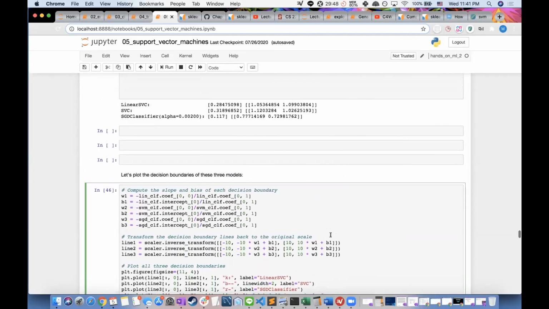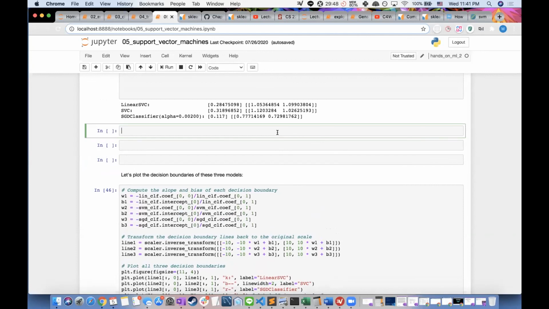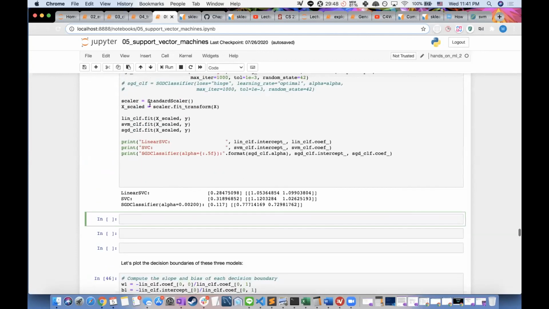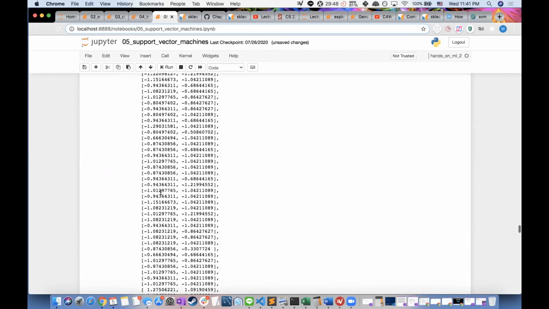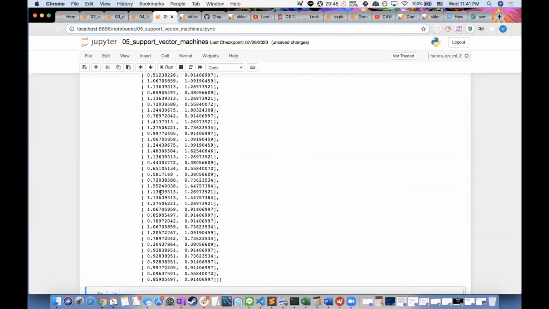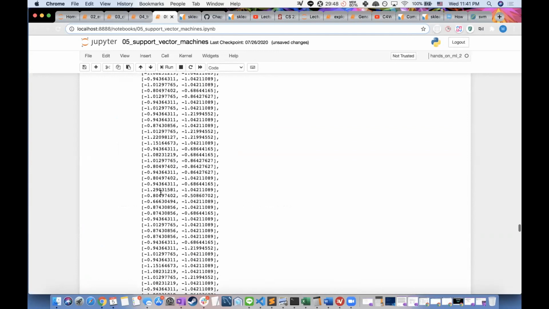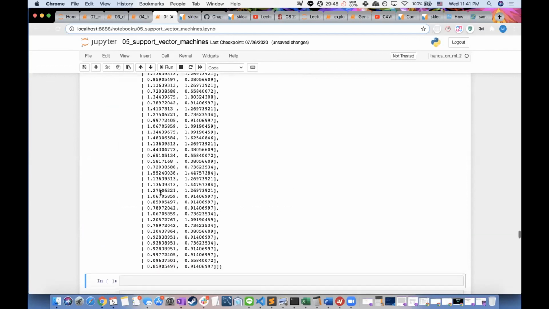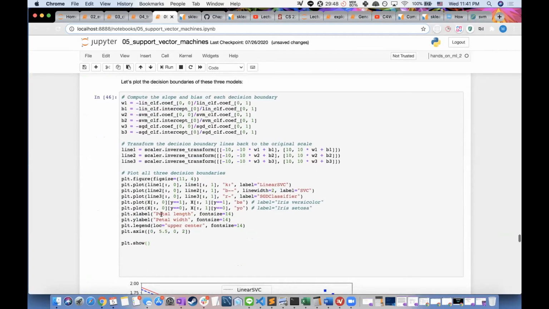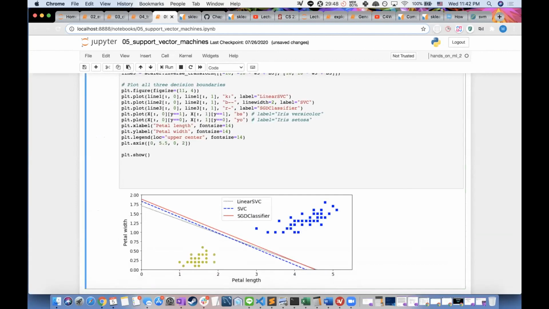Yeah, and we can literally see what X scaled looks like. It's almost within -2 and +2, so scaling means that. Let's see what line 1 looks like.